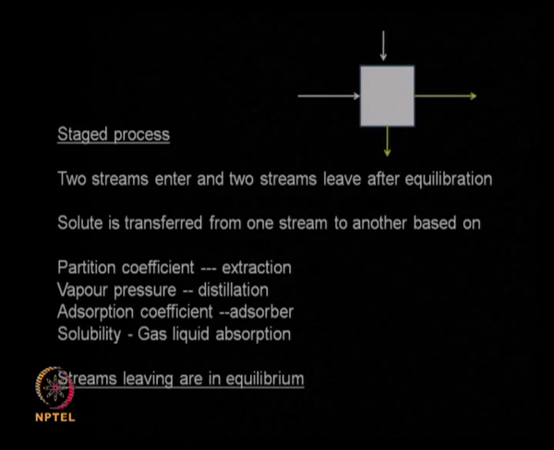Another advantage of stage process: suppose I have a tubular reactor or a tubular adsorber, we talked about it a few slides back. You need a partial differential equation because there is going to be variation in concentration across the length as well as a function of time. Now suppose I break the tubular reactor into many stages, 100 stages for example, or 1000 stages, and in each stage I assume a mixed stirred tank vessel. Then the equations become simpler, because in a single stage, like I talked about in a batch process, it is just material input equal to material output; there is no differential equation coming into the picture.